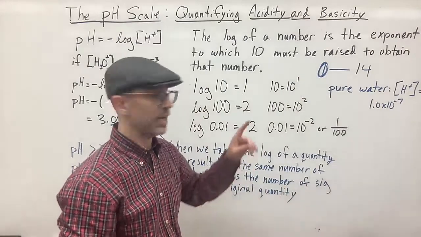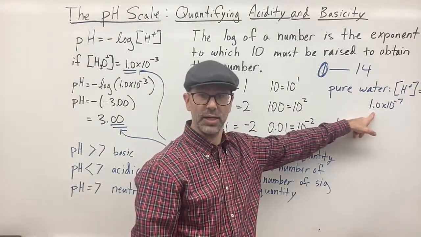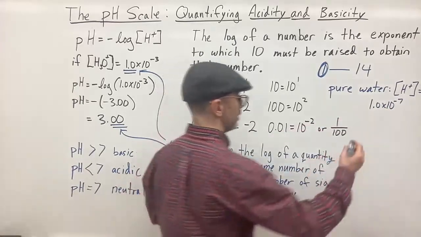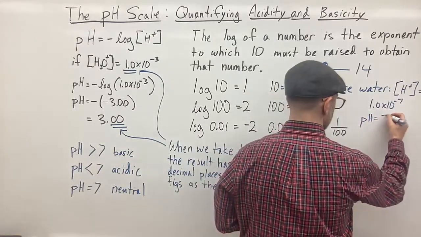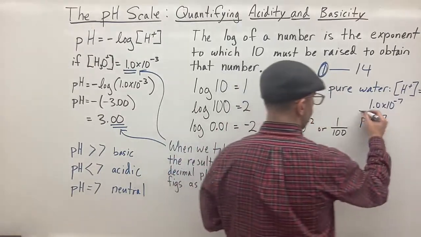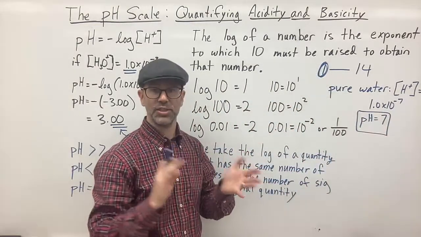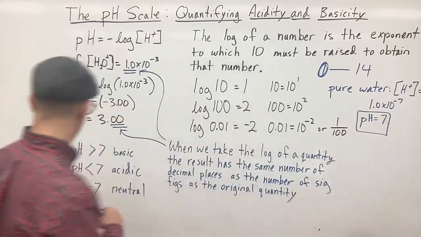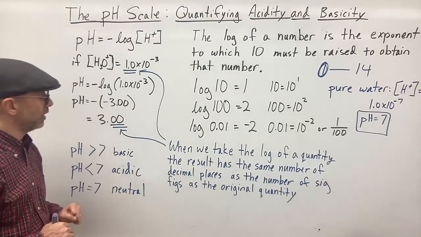So that's the H plus concentration of pure water. If you take the negative log of that, the pH is going to be equal to 7. So in neutral water, which has equal amounts of H plus and OH minus, the pH is equal to 7. We have neutral water.